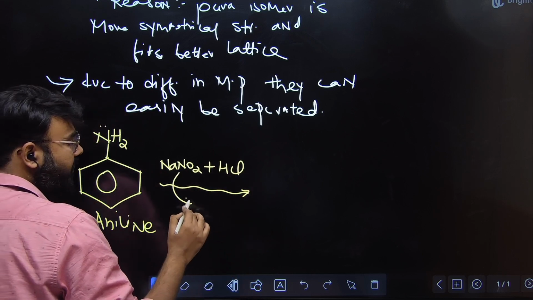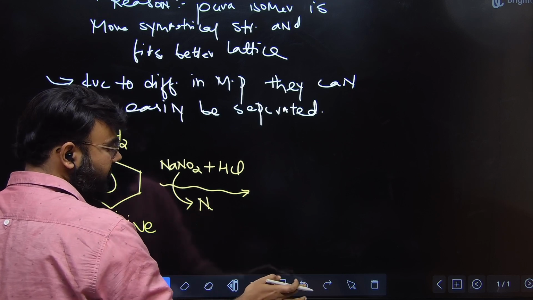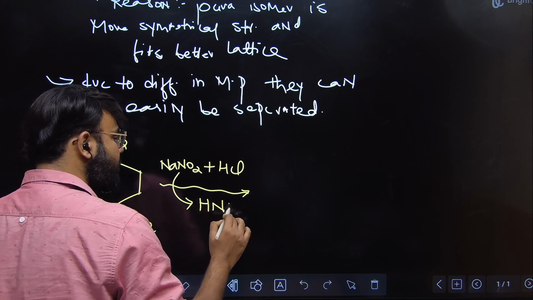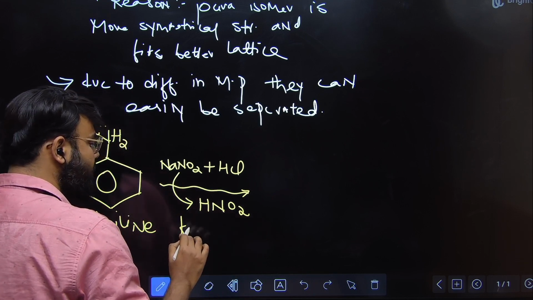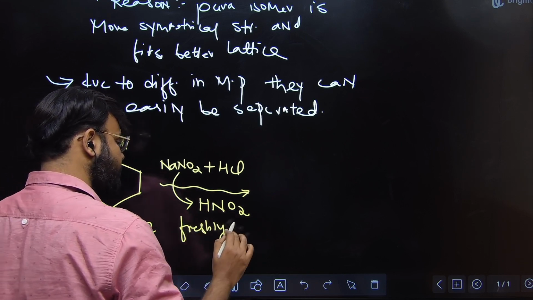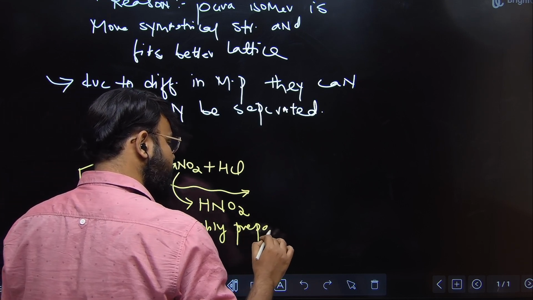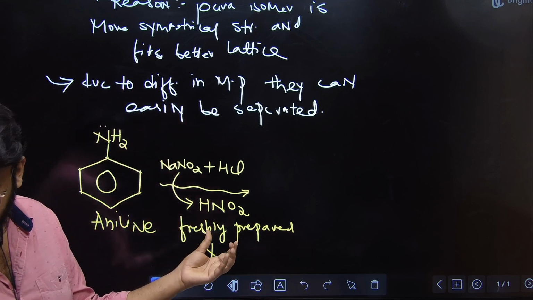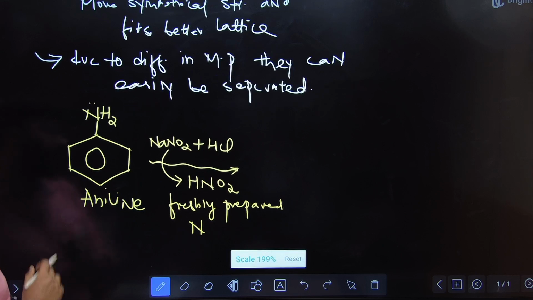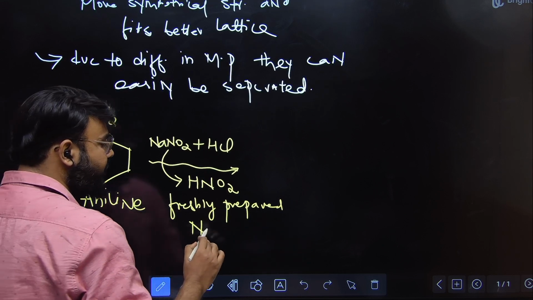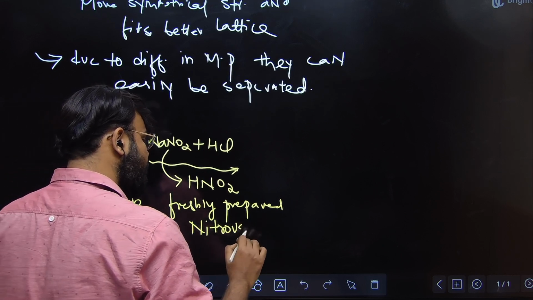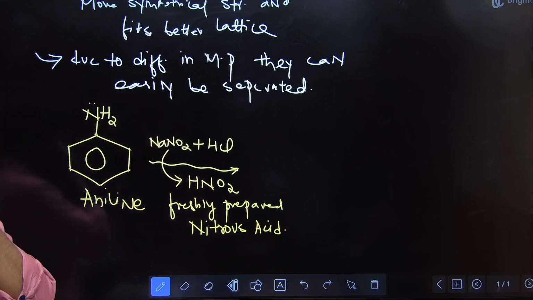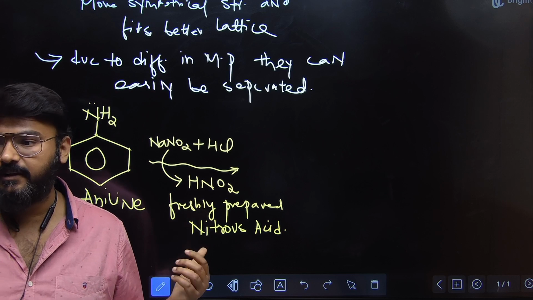They react to give you HNO2, which is freshly prepared nitrous acid. HNO3 is nitric, HNO2 is nitrous. So freshly prepared nitrous acid. Clear? Got it?